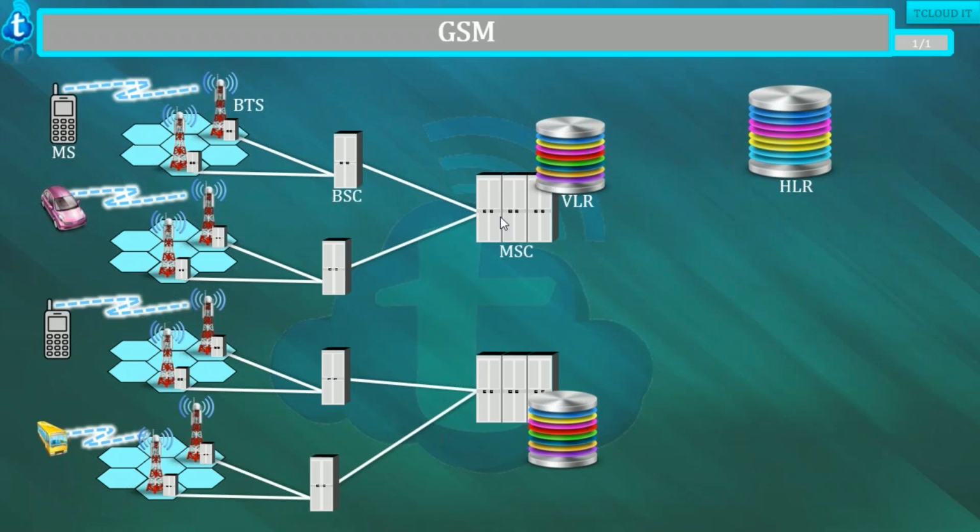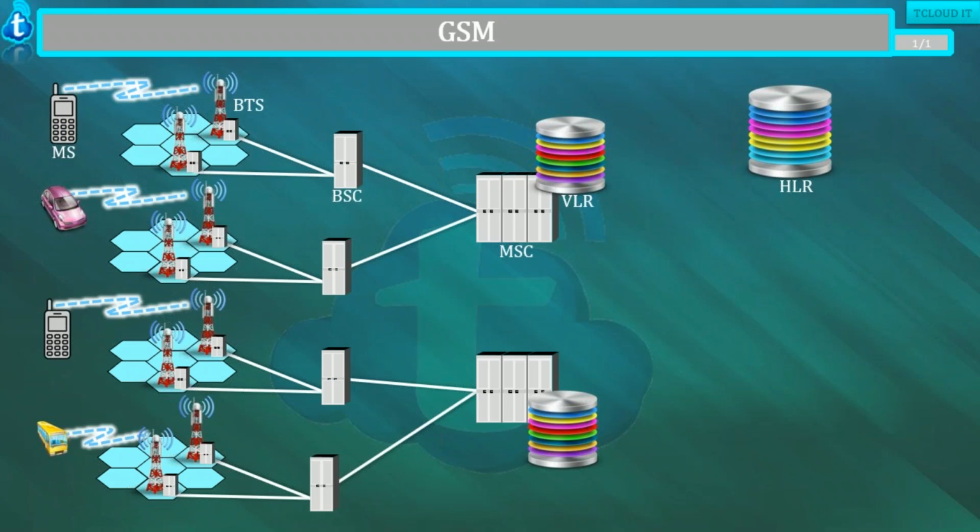So what do they do with that copy? As long as the user continues in that particular location, this MSC and VLR will be making the decisions with the help of that subscriber information, on the call requests or any service request that the user makes.